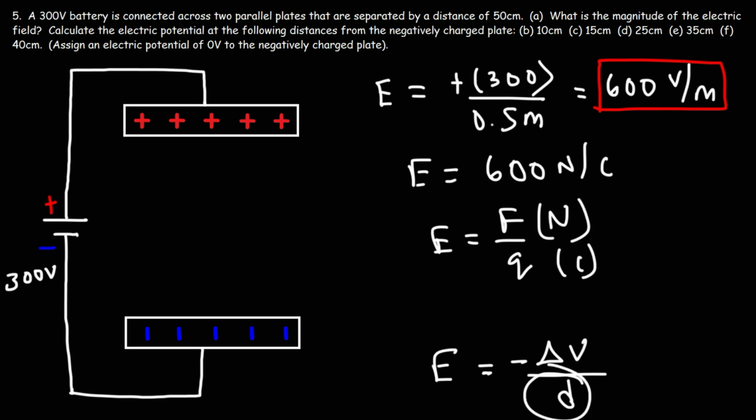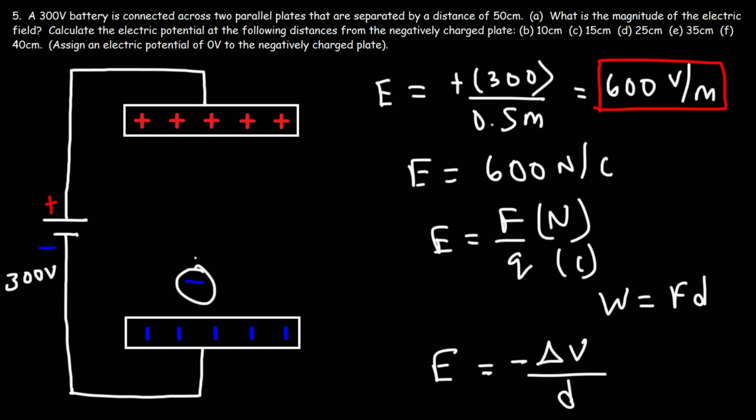So this distance, or d value, came from this equation. Work is equal to force times displacement. So technically, this is displacement. That is the displacement of the charged particle. So let's say we have a negatively charged particle near the bottom of the plate.